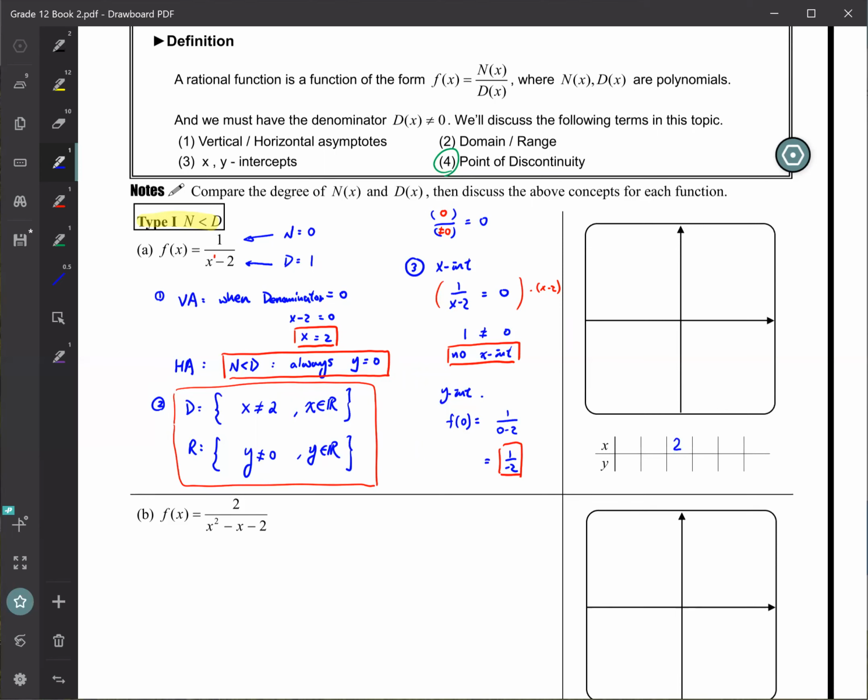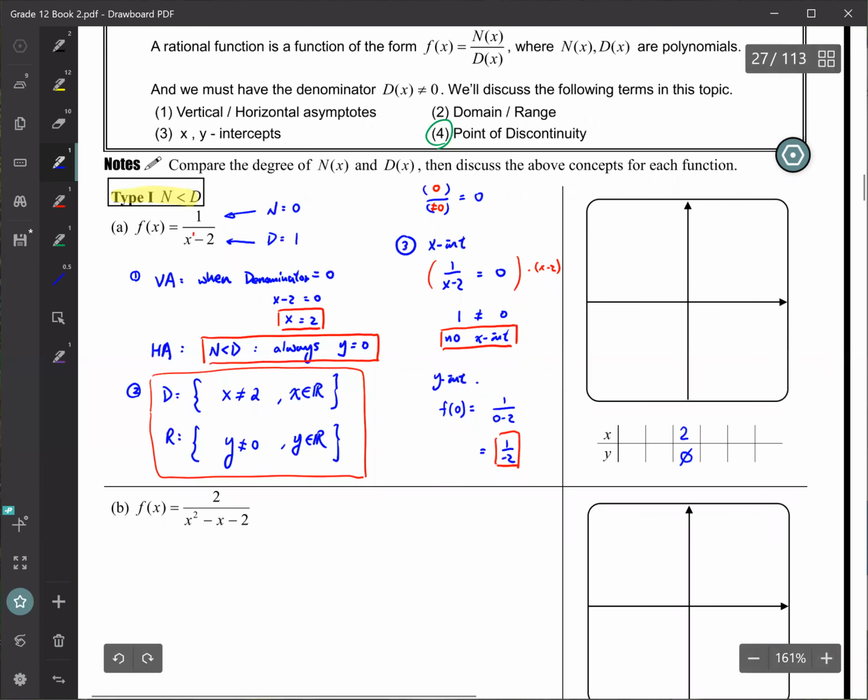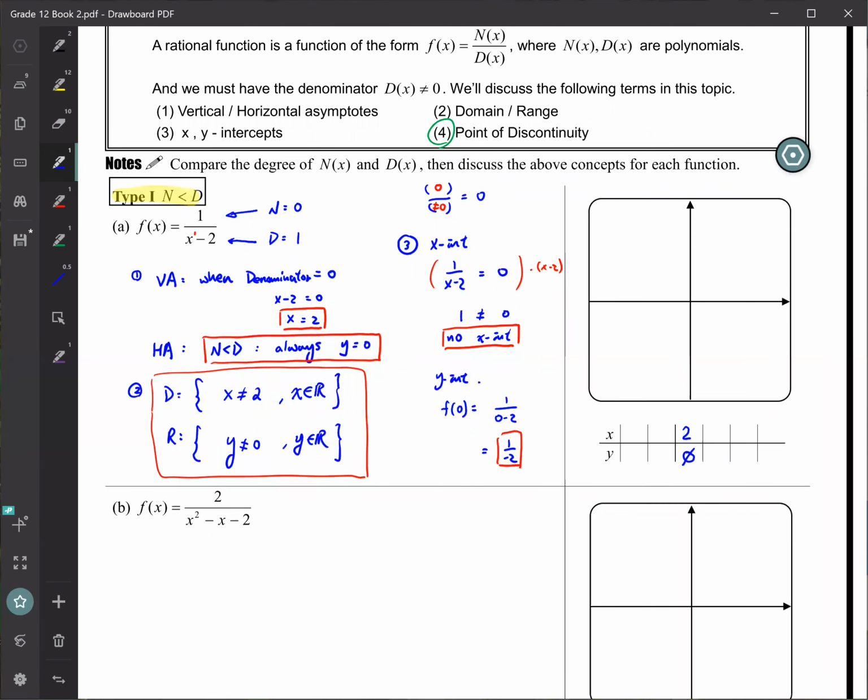Because that's the vertical asymptote. And then at 2, when x equal to 2, there's no value, right? It's empty. So we'll put undefined, right? 0 with a slash across, that means it's empty, okay? There's no y values. And then all you need to do is just start graphing near the 2, okay?